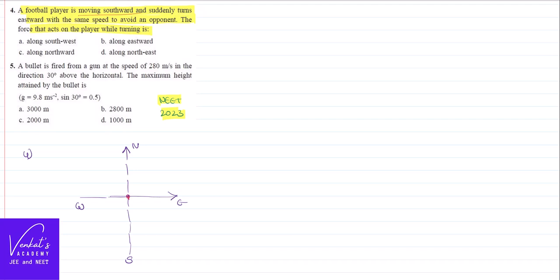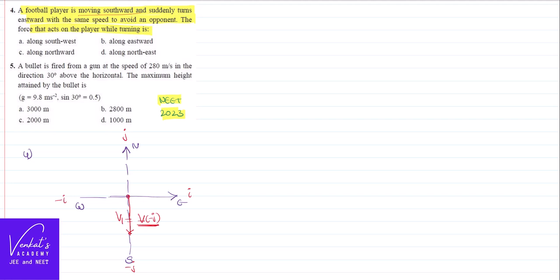That means this is how the movement is, with a certain velocity v1. East is shown with plus i, west is shown with minus i, north is shown with plus j in the vector format, south is shown with minus j. So we can say v1 is equal to v of minus j, or minus v j cap.